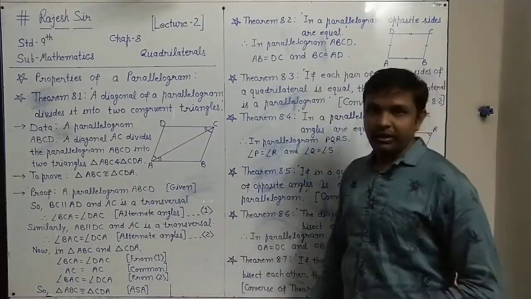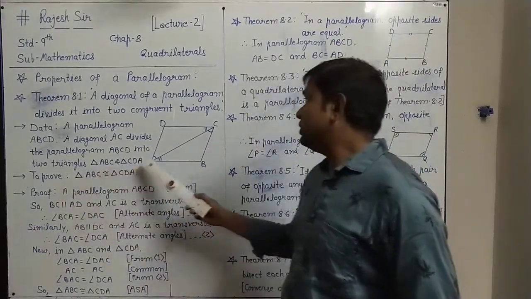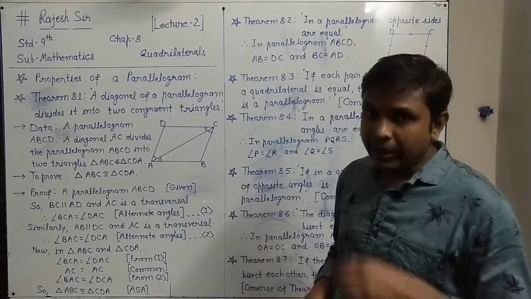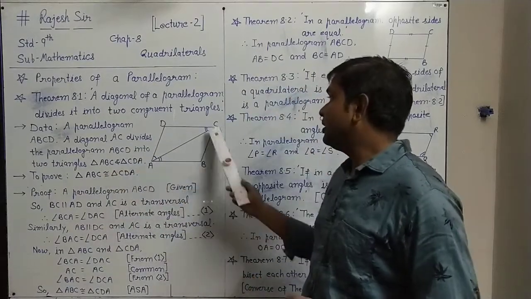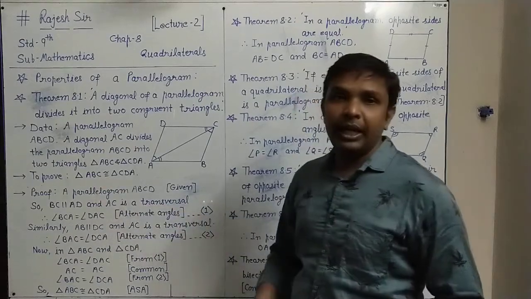This is all given. What to prove? To prove is that these two triangles divided by the diagonal are congruent. So triangle ABC and triangle CDA are congruent, that is to be proved.